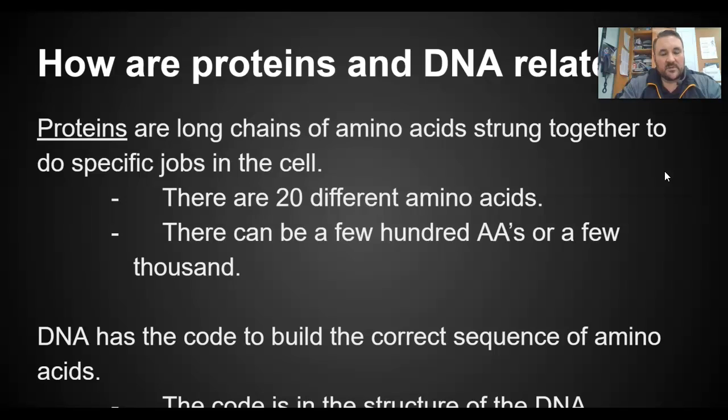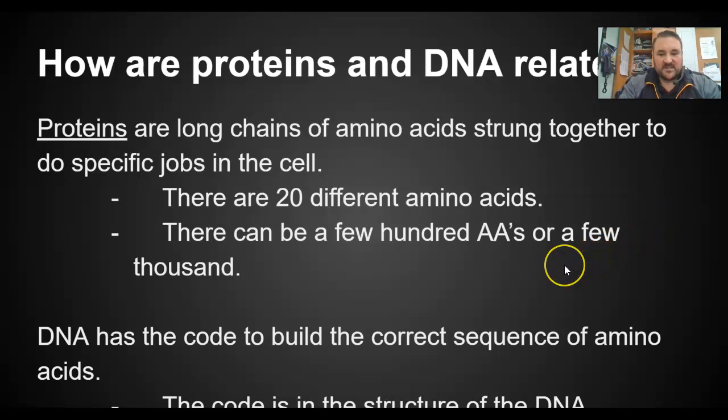Those 20 amino acids can be arranged from a few hundred amino acids in a chain to a few thousand amino acids strung together to form a chain. Well, the DNA tells the cell what order of amino acids to put together to build the protein to do certain jobs. Every single protein, and there's like a million proteins, has a special gene that tells it what to do.